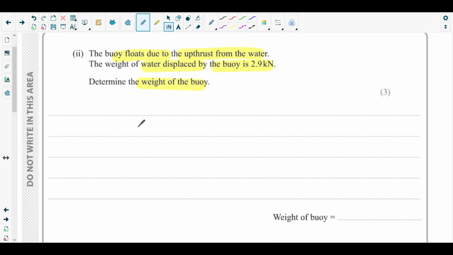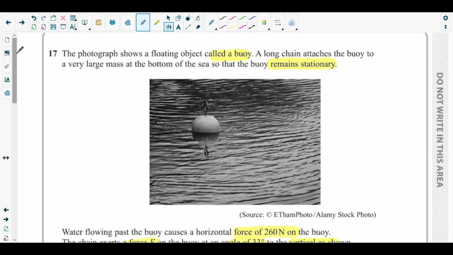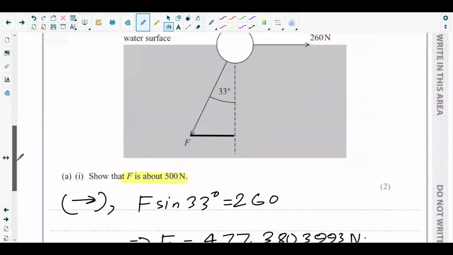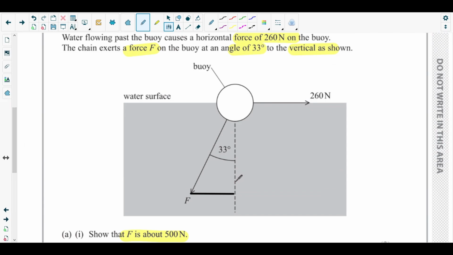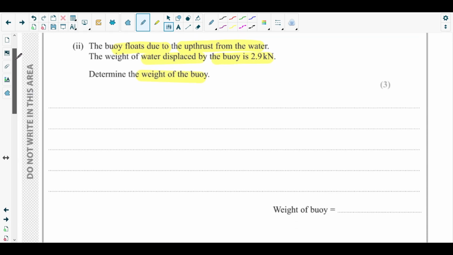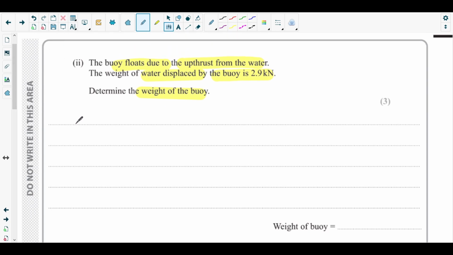The buoy is floating due to the upthrust. So the upthrust is equal to the weight plus the vertical component of the force F. The vertical component of force F acts vertically downward, and the weight also acts downward, while the upthrust acts upward. So consider the forces vertically.